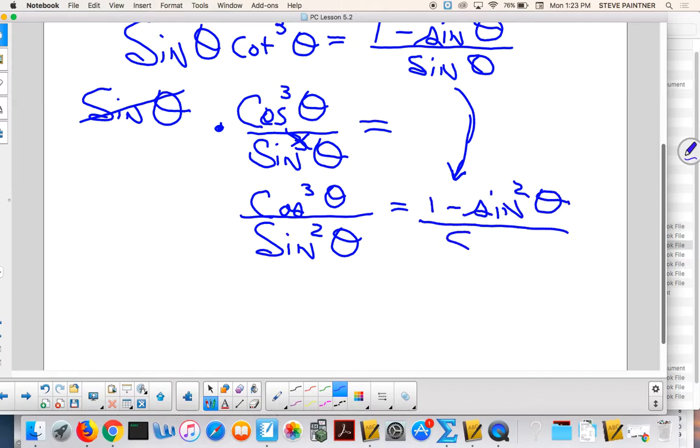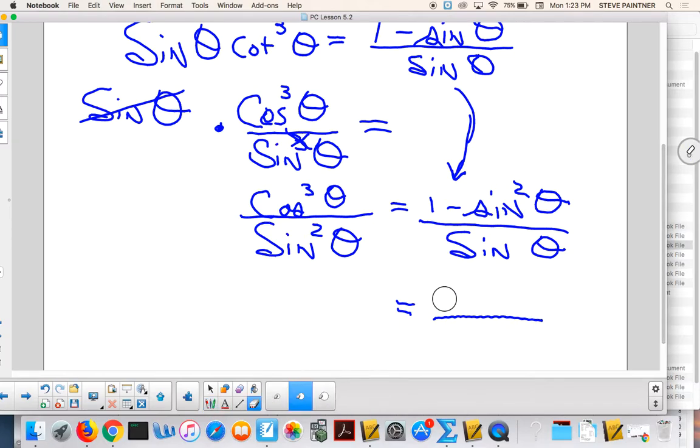theta over what? Okay. Now what? Okay, so since there isn't enough sine, it's cotangent squared. And then there's an extra cosine. Were you talking about the other side? We're still talking about the left side.